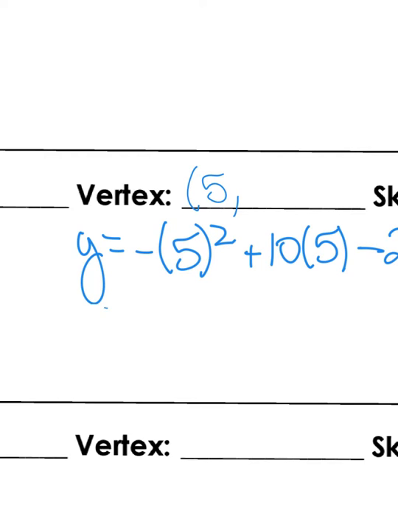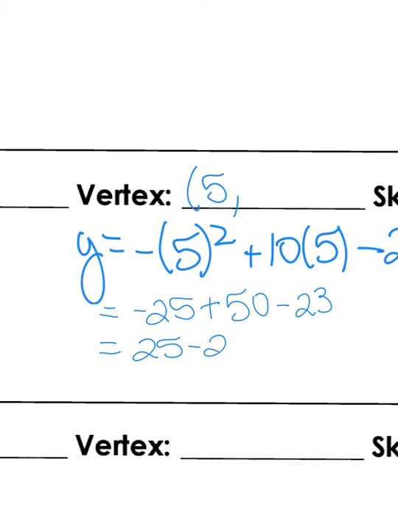So here I've got negative 25 plus 10 times 5 is 50 minus 23. Negative 25 plus 50 is a positive 25, minus 23, and that simplifies to positive 2.